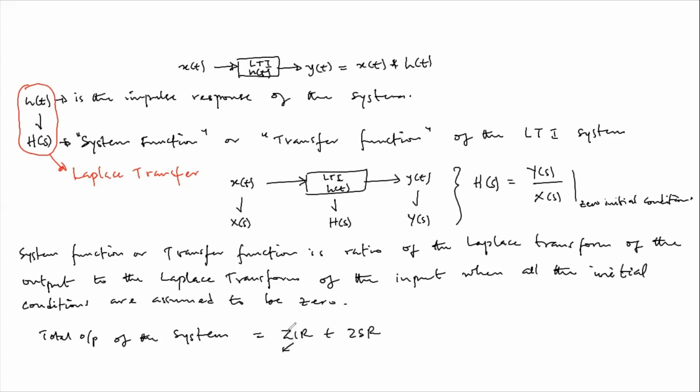For the zero input response, we have the input to be 0, and for the zero state response, we have the input applied. The ZIR is the response due to the initial conditions, while the ZSR is the response estimated when the input is applied. We covered that in our previous lecture, just trying to review that.